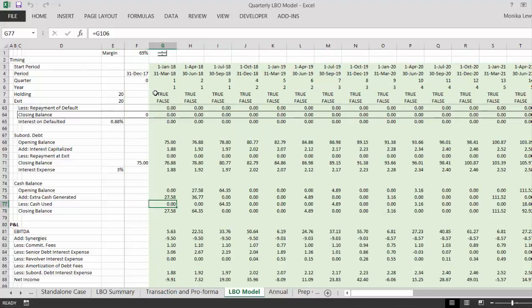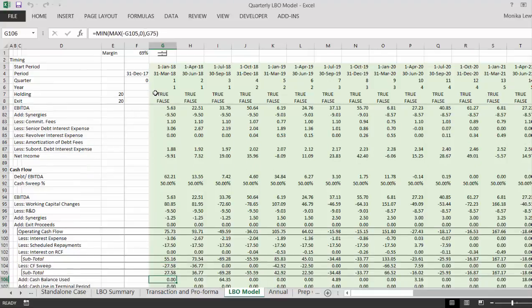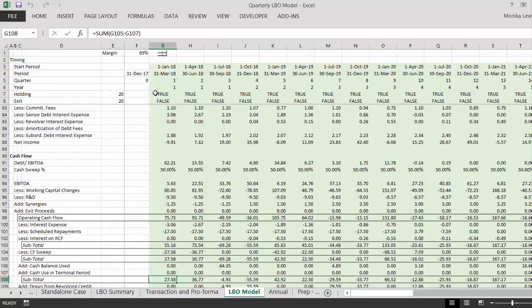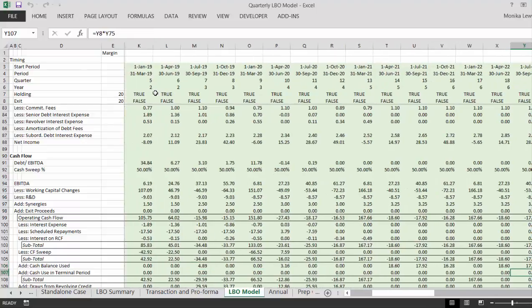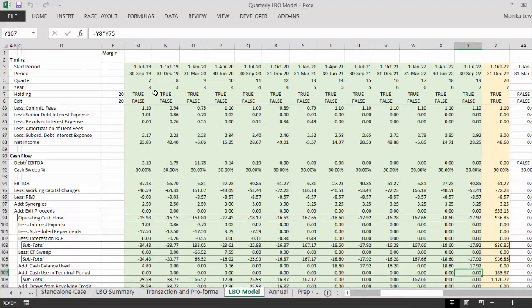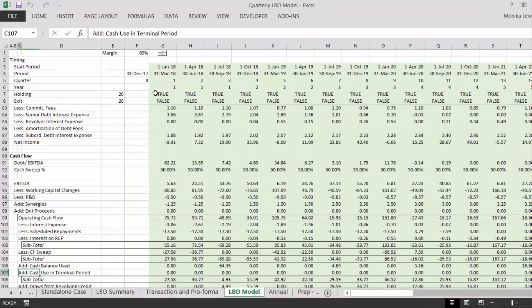This should have been a. Is that right? See? This adds to the cash flow. Now I'm getting very confused by my positives and negatives. I'll put add cash paid.